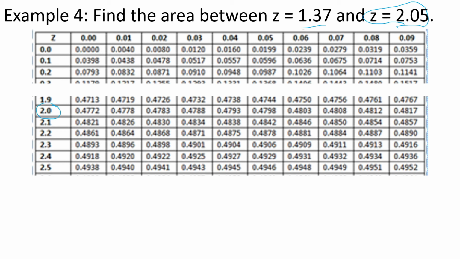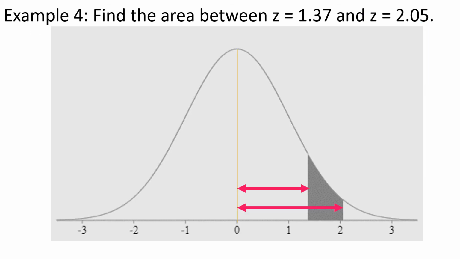Then, like what we've said, the hundredths place will come from the row. 0.05 is located here. And then, the two encircled numbers will meet at this cell. That means the area from 0 to 2.05 is 0.4798. So, from the z table, we've known that the area from 0 to 2.05 is 0.4798.